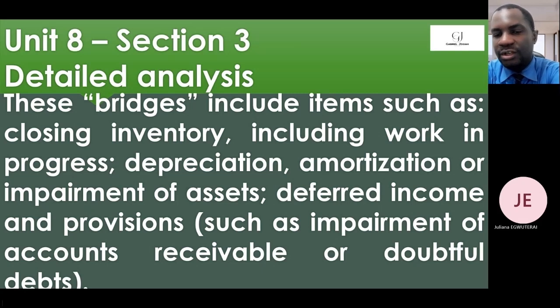The same thing for depreciation. Depreciation is in your expense. After you've done your fixed asset, you have to deduct accumulated depreciation, and also depreciation is in your cash flow statement. So these bridges and all these items listed here are in those three statements.